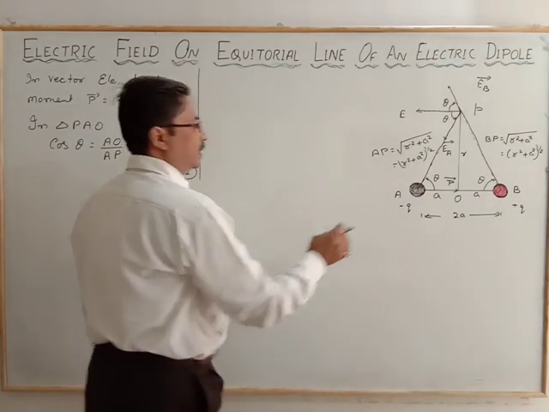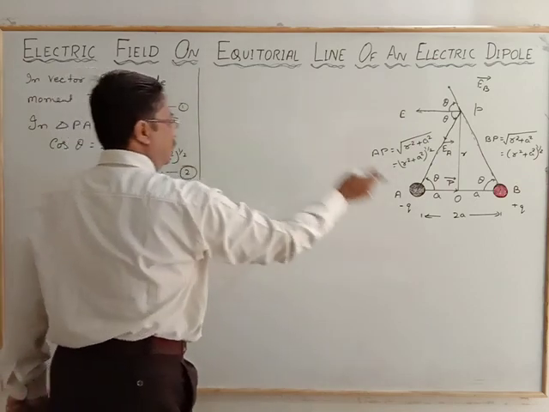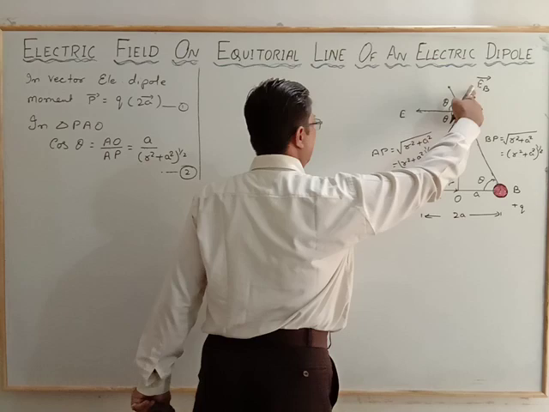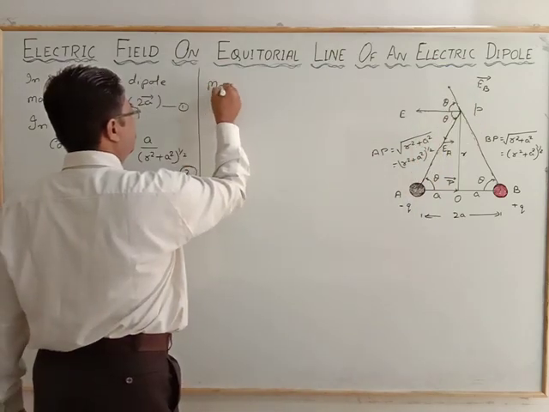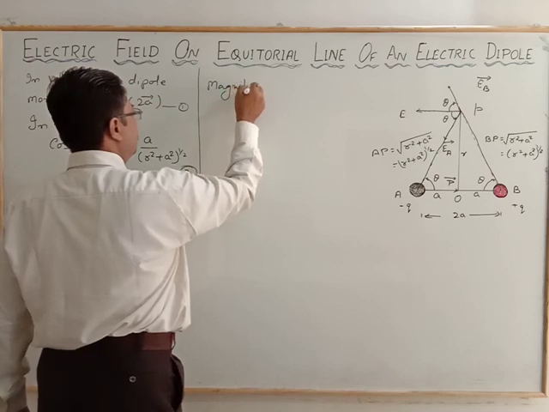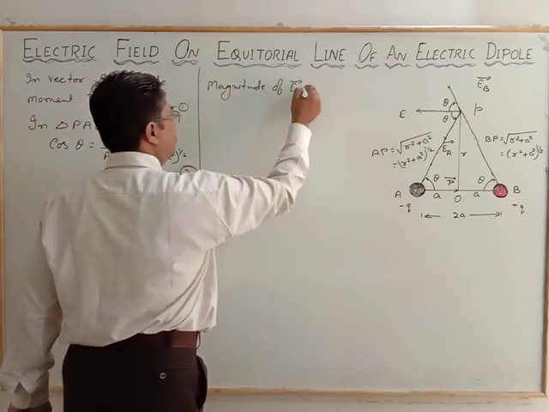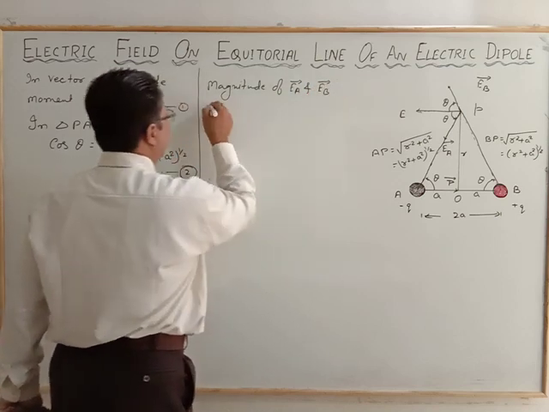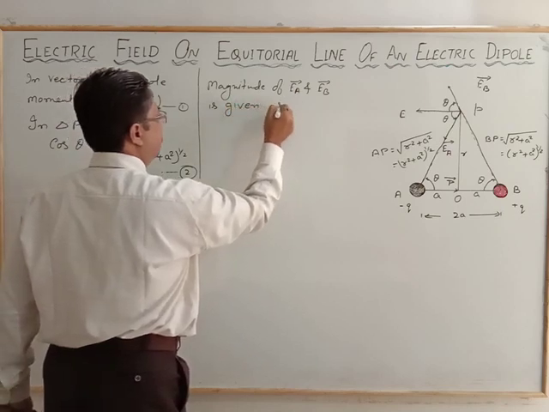Now one more thing: the magnitude of the electric field at point P, of the field vector EB and the field vector EA. The magnitude of the EA vector and EB vector is given as follows.